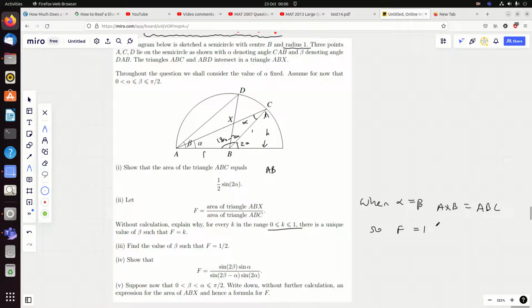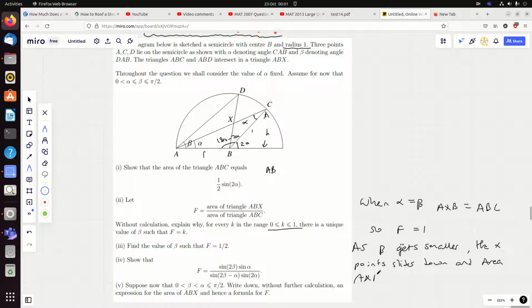And then as we go in the opposite direction, as beta reduces, as beta gets smaller, the X point slides down, and I can also say the area of AXB definitely reduces.